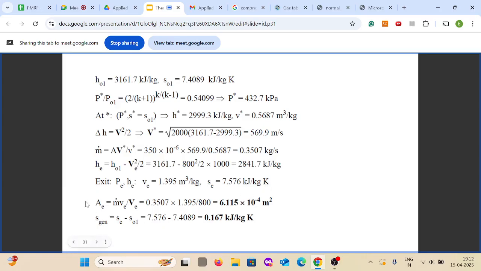So the exit area is now, same, m dot is rho A V. So substituting the values, A is m dot into specific volume by exit velocity. So 0.3507, which we have found out as the mass flow rate, into specific volume 1.395 divided by velocity 800. So it comes out to be 6.115 into 10 power minus 4 meter square.